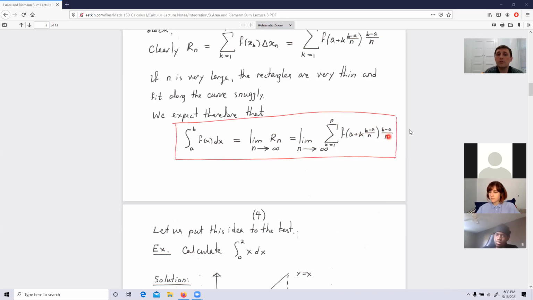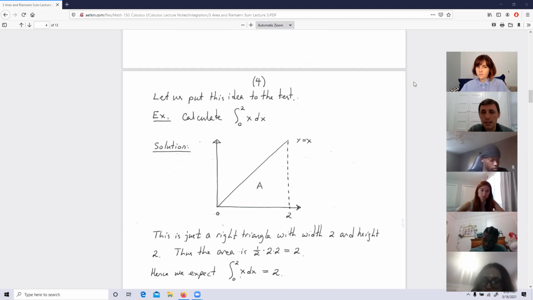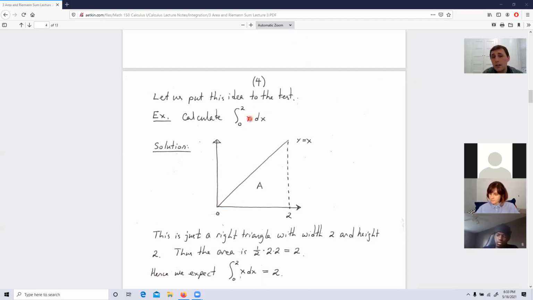So let's try to calculate the integral from 0 to 2 of x dx. First of all, guys, unfortunately, the picture is already displayed. So you understand, someone is trying to figure out the area under the curve. This is the curve. At x, f of x is x. So the curve is y equals x.